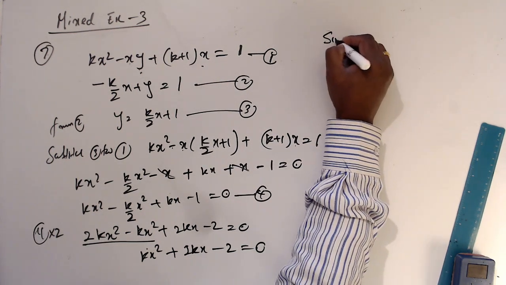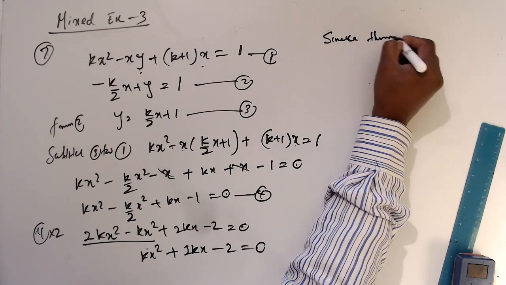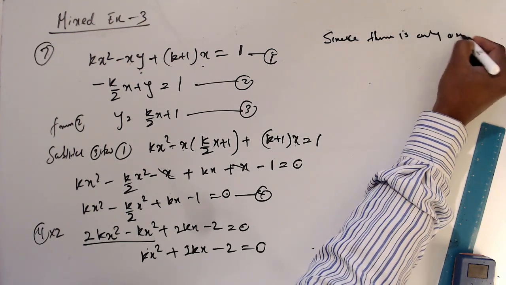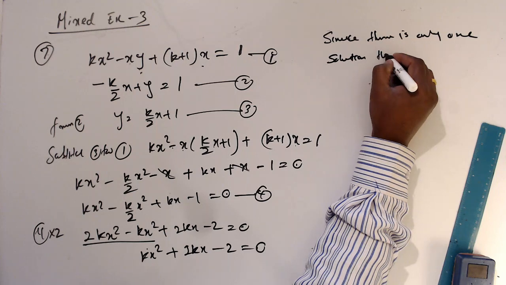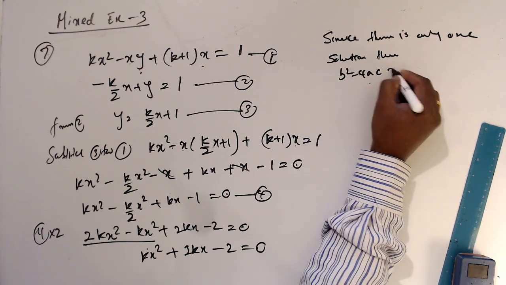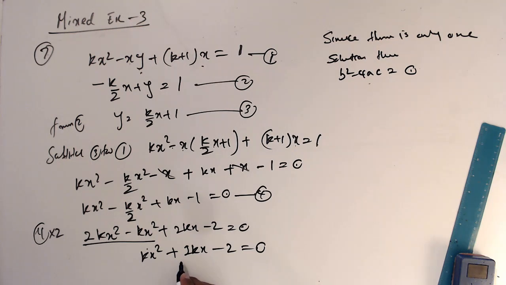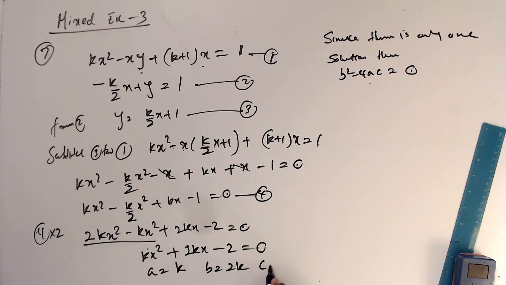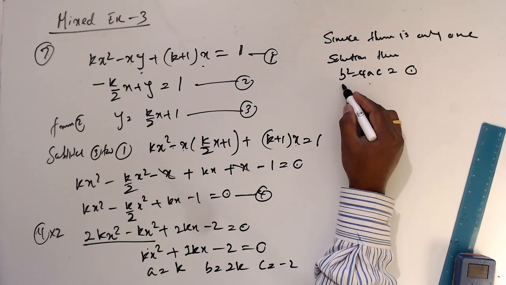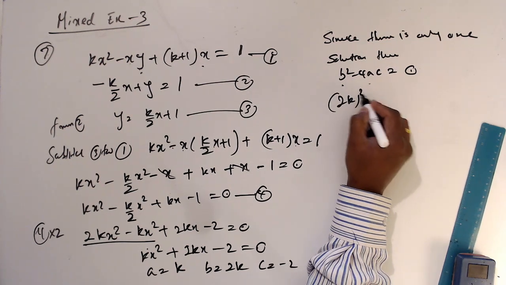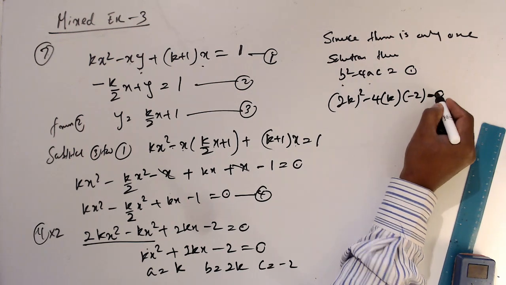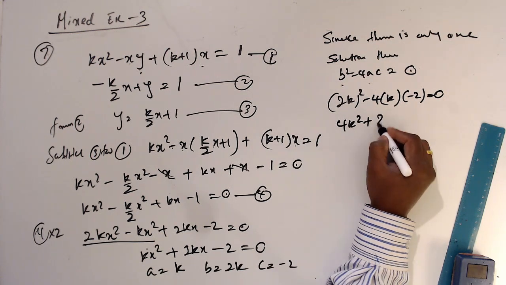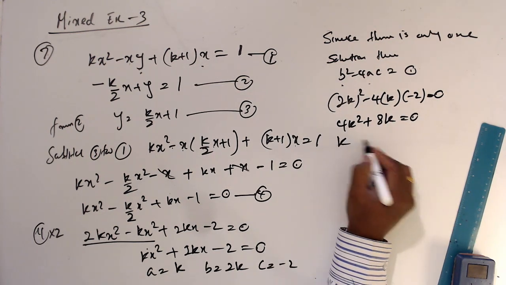Now since there is only one solution, b² minus 4ac has to be equal to 0. From here a equals k, b equals 2k and c equals minus 2. So (2k)² minus 4 times k times minus 2 equals 0. 4k² plus 8k equals 0.